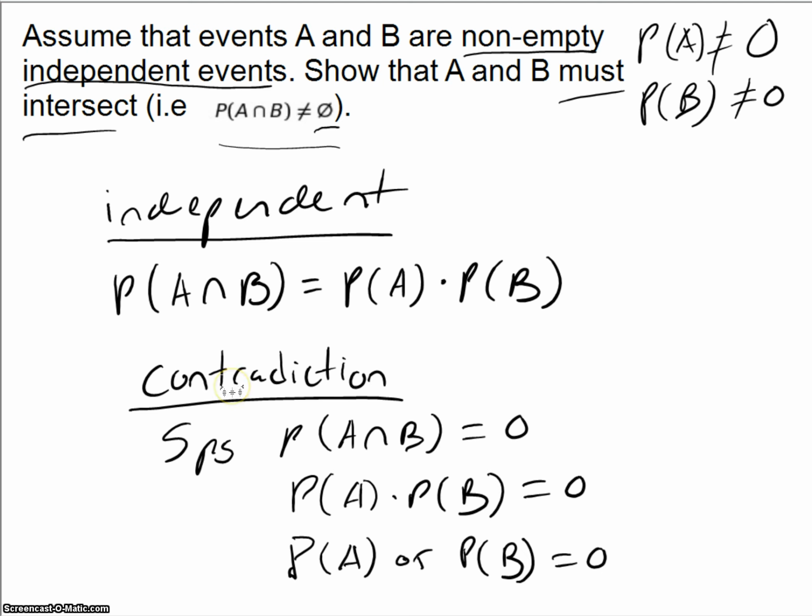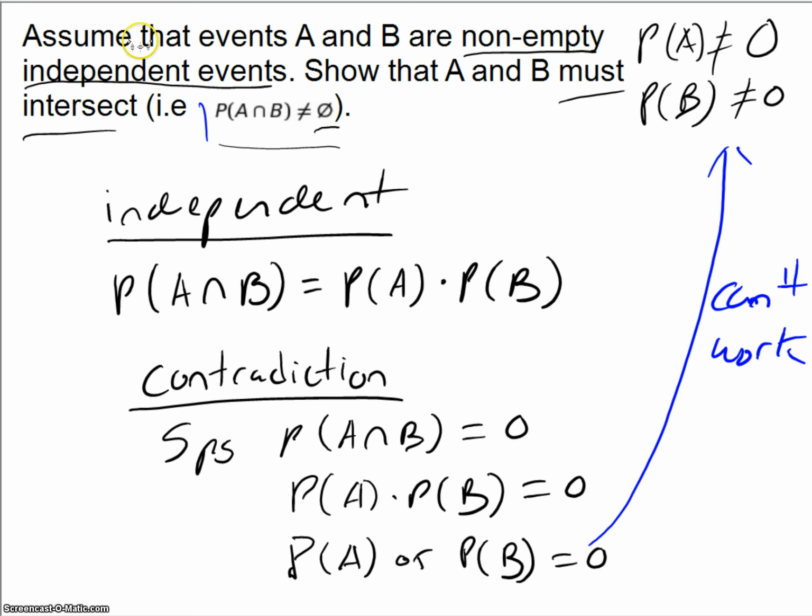We said that the probability of A or the probability of B equals zero, but this directly contradicts what we had assumed in the beginning of the problem, which is that they can't be empty. So this line of thinking can't work. We get to a contradiction, to something that doesn't make sense. Because of that, this is true: that they must intersect. They can't be disjoint.